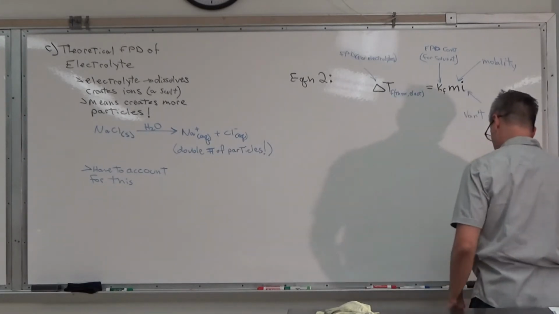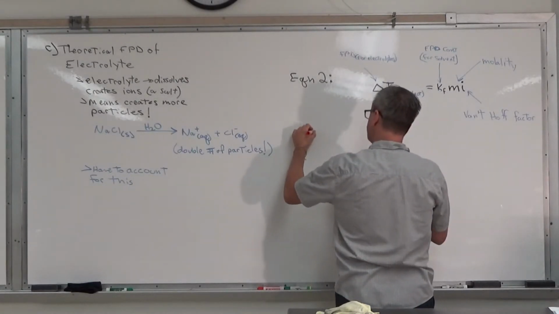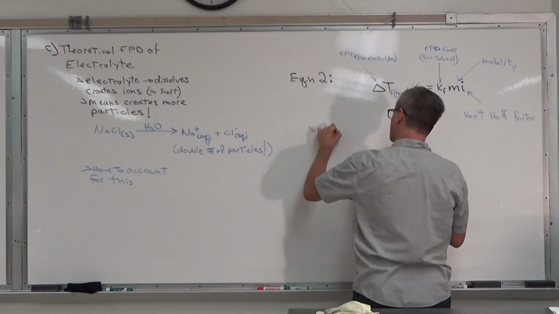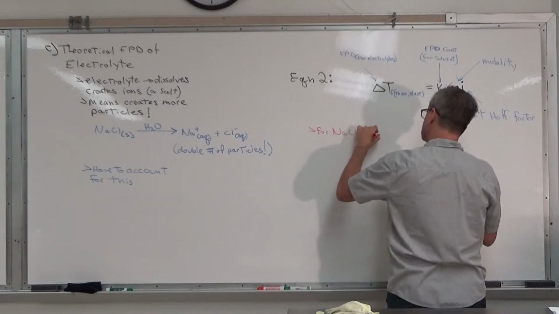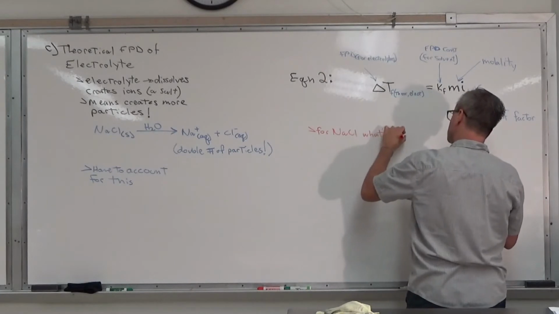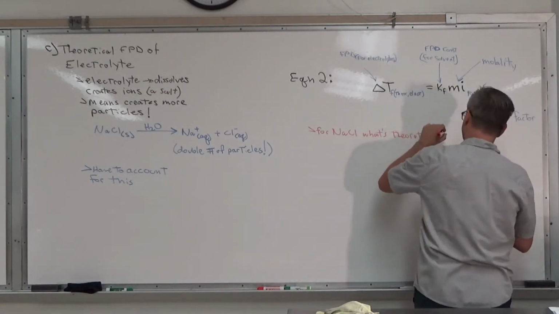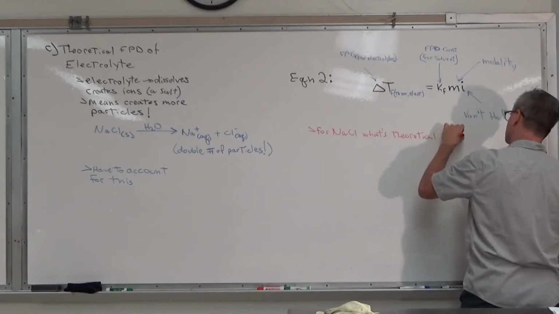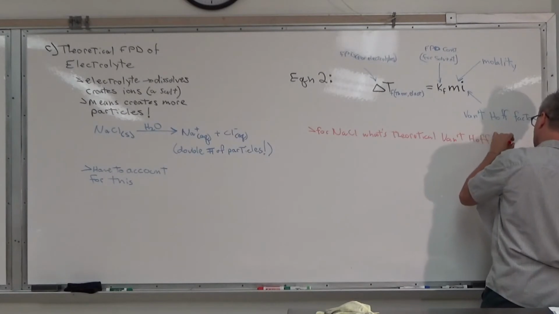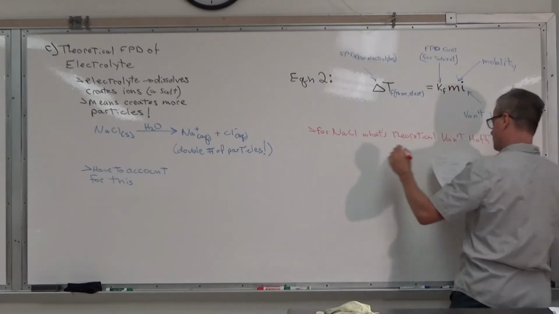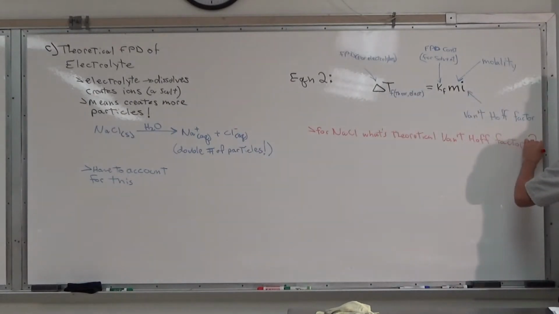Okay. All right, so for sodium chloride, what's the theoretical van 't Hoff factor? Well, that is going to be 2.